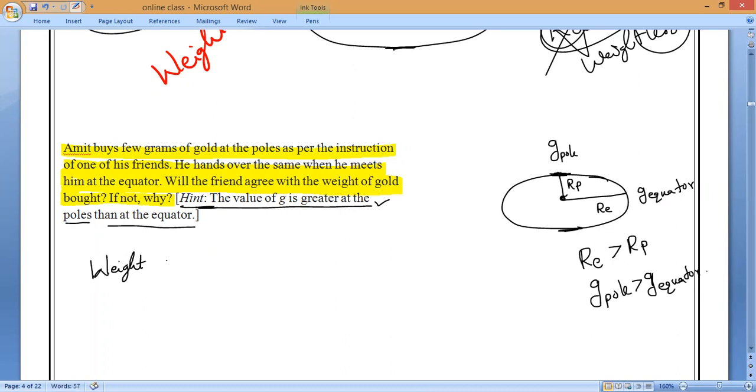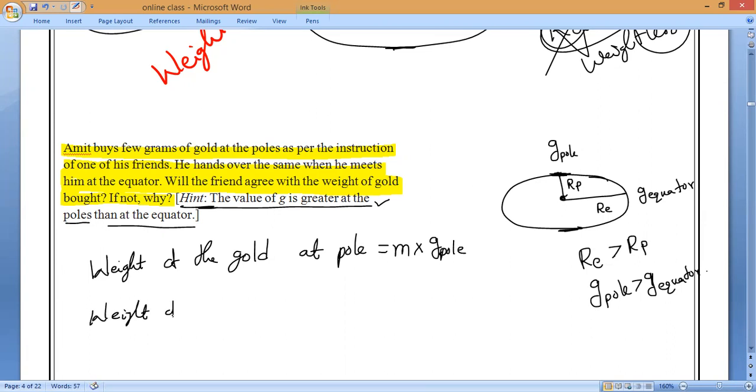Weight of the gold at the pole is equal to m into g value at the pole. Next, weight of the gold at the equator. What will the formula be? Everybody should tell.